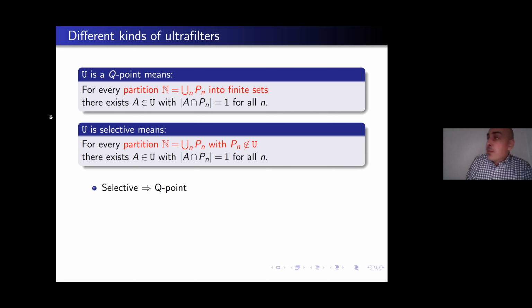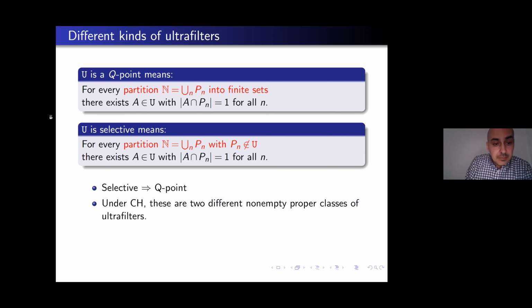And what can I say about this class as well? In some models of set theory, the class of selective ultrafilters is non-empty. The class of Q points is non-empty and strictly larger than selective ultrafilters. And there are even ultrafilters that are not Q points. In fact, the fact that there are ultrafilters that are not Q points is true in general.